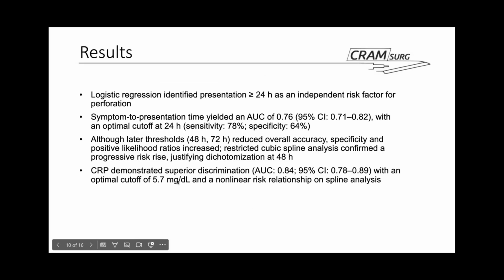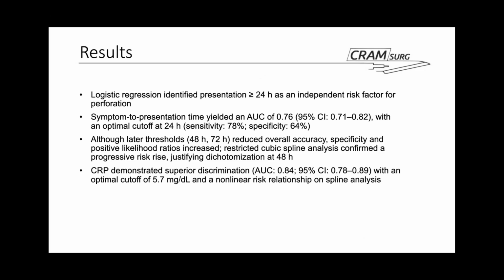They did logistic regression to identify presentation of greater than or equal to 24 hours as an independent risk factor for perforation. Symptom to presentation time yielded an area under the curve of 0.76 with an optimal cutoff at 24 hours.